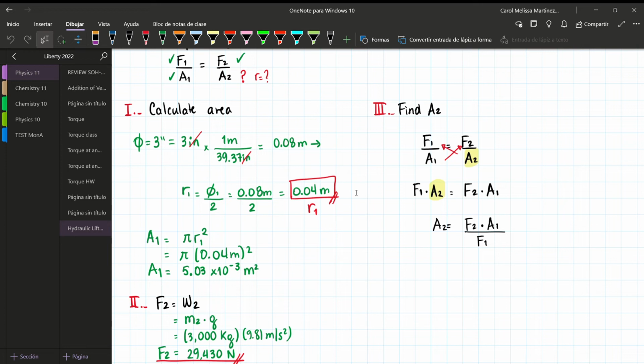Okay, force 2, that is the one that we just got, that is 29,430 Newton, times the area 1 that we got, that is this one, 5.03 times 10 to the negative 3 square meters, divided by the first one, that is this one.